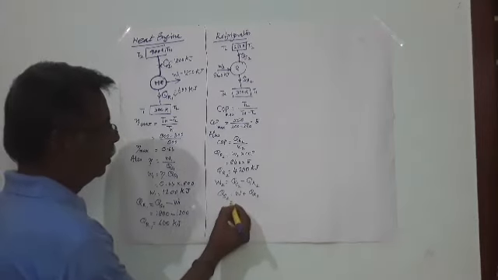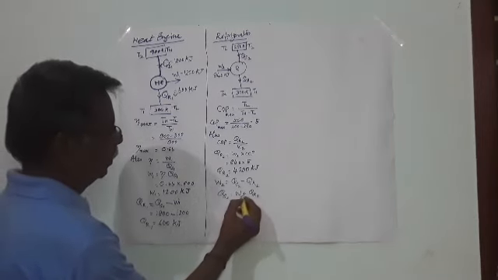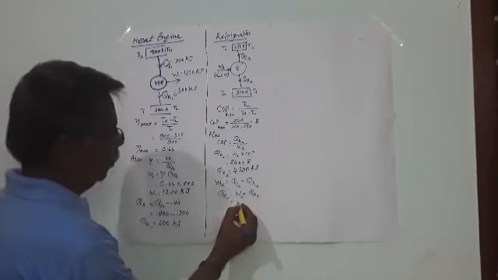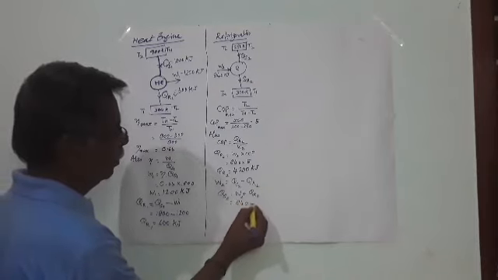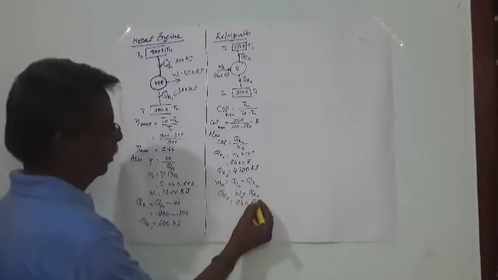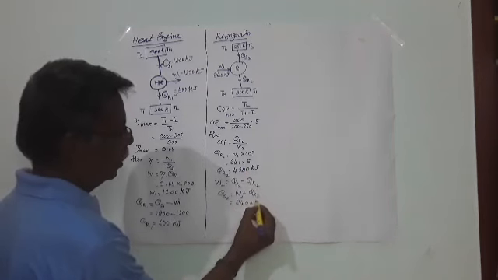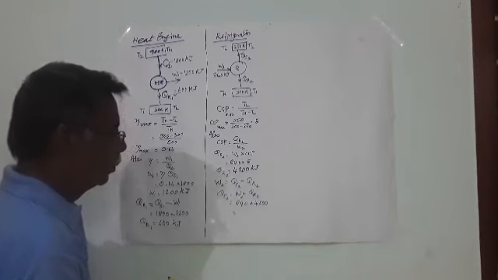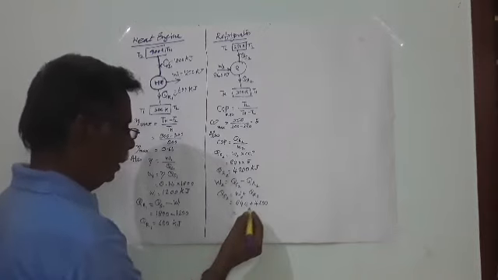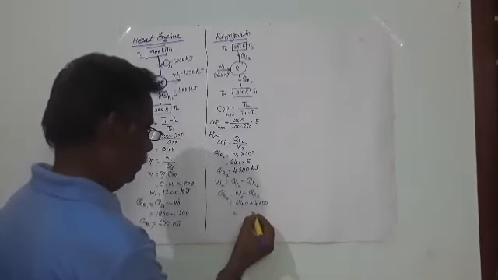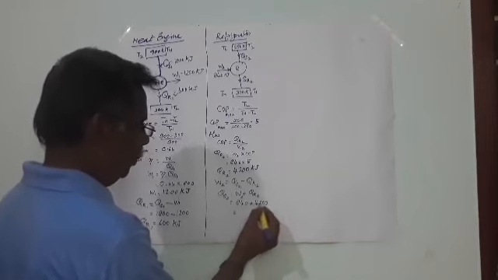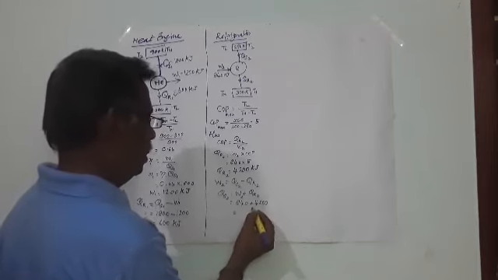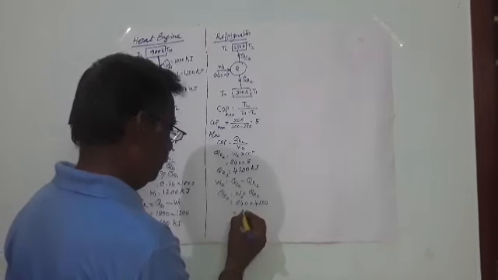So this is equal to 840 plus QR2, which is 4200 kilojoules. So this is equal to 840 plus 4200, 5040.